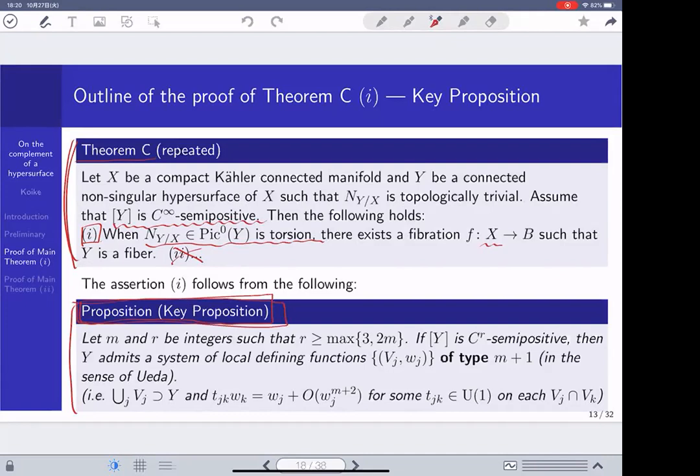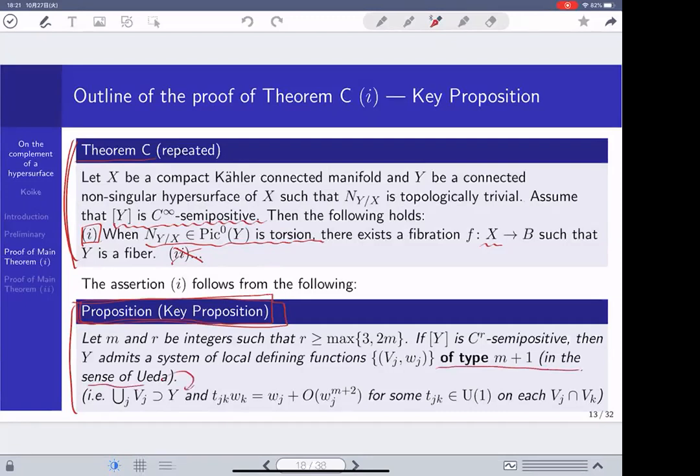Let M and R be integers such that R is larger than or equal to the maximum of 3 and 2M. If the line bundle of Y is CR semi-positive, then Y admits a system of local defining functions Vj, Wj of type M plus 1 in the sense of Ueda.